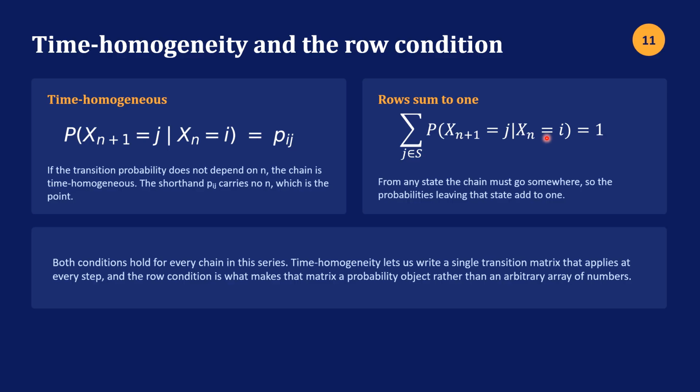Now you could return to the same state, so that's also a possibility. And we've written this more formally here: the probability of going from state i at time n to state j at time n plus 1, when you sum over all the possible states, equals 1. And that's true for every Markov chain.